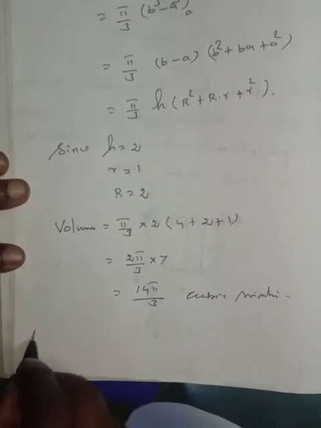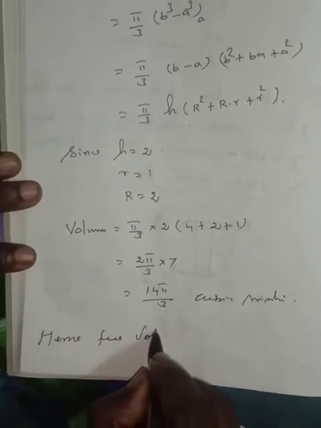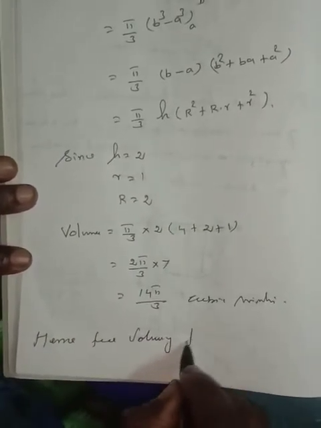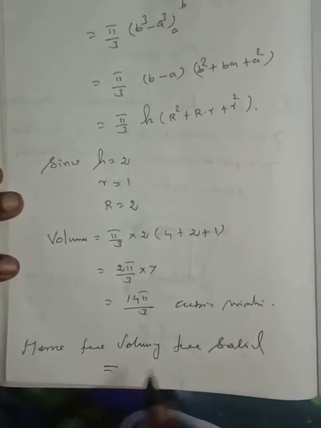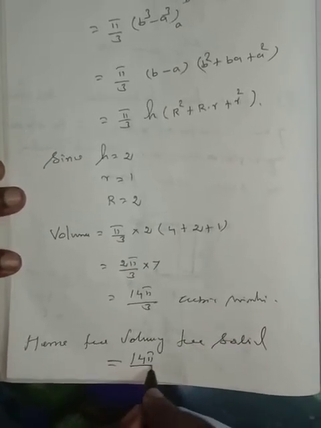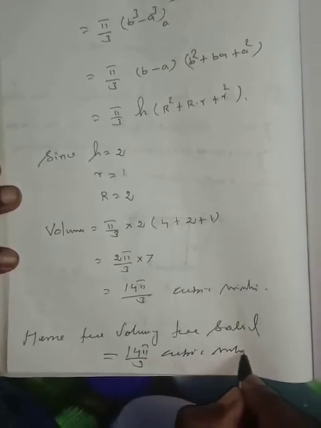Hence the volume of the solid is equal to 14 pi divided by 3 cubic units.